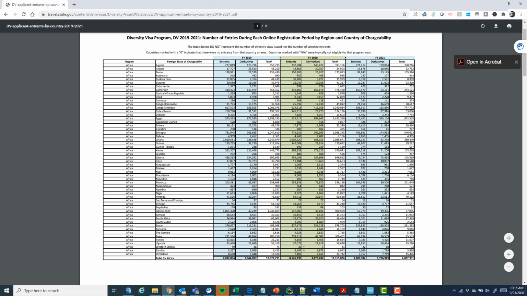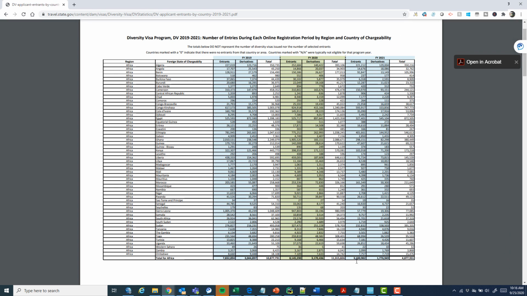But look at how the number dropped. Instead of 8 million entries here in 2020, that number went down to 3 million entries. Okay, so the people who are selected in DV2021 weren't competing with 8 million entries, they were only competing with 3 million entries, which massively increased your chances of selection.